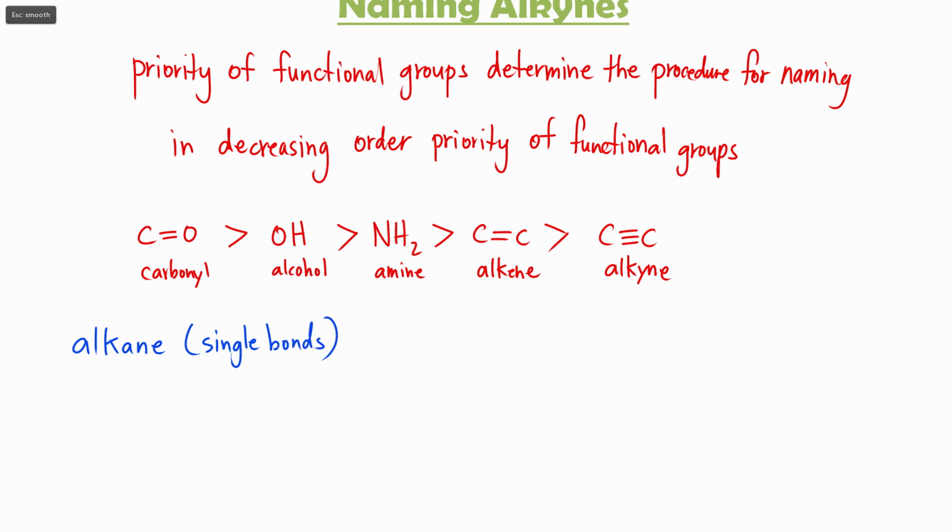Now, when we get to a triple bond, we have to get rid of the A and go to Y, alkyne. This is for triple bonds.